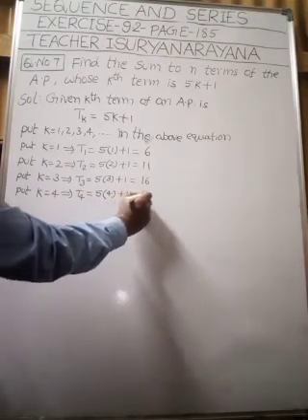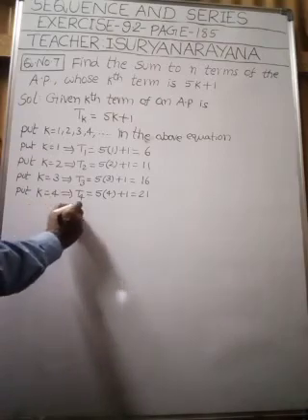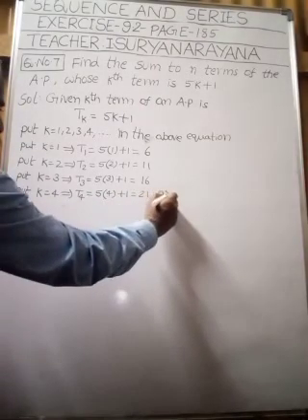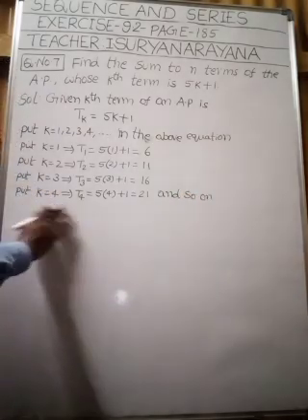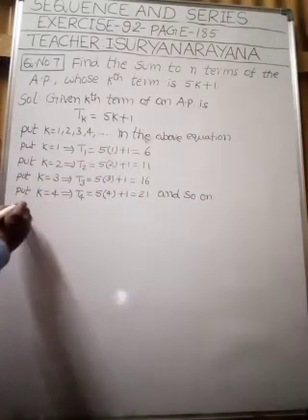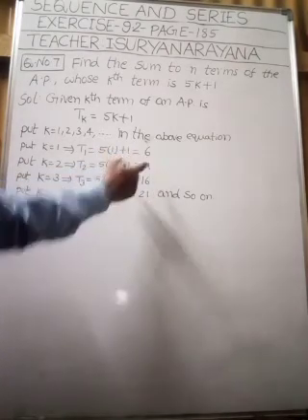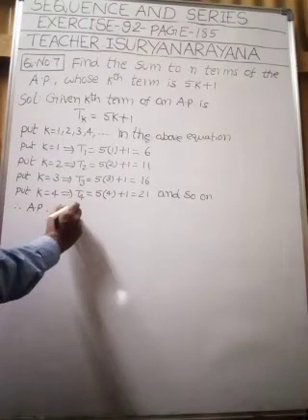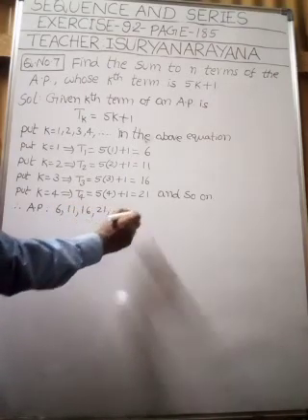What will you get? 21. And so on. Okay, my children? And so on. So therefore, the arithmetic progression terms are 6, 11, 16, 21 and so on.